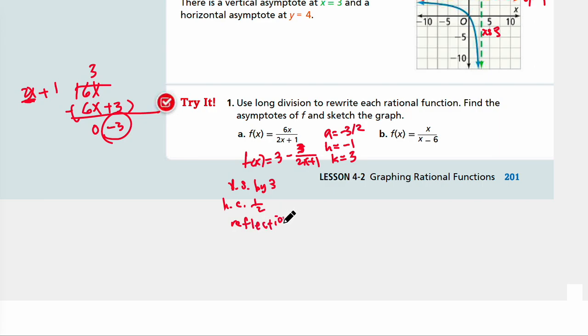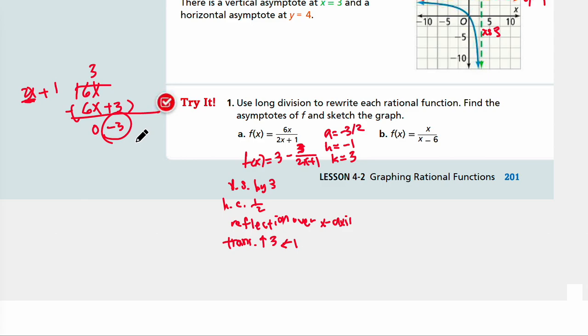This is a vertical reflection, so it's over the x-axis, and then you have a translation up 3 units and left 1 unit.